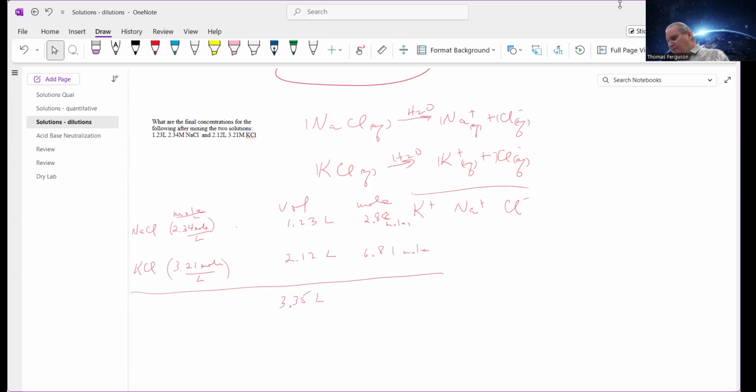Okay, so if we know the concentration of sodium chloride, we also know the concentration of sodium and chloride. We also know the moles of each. So let's look at potassium, sodium, and chloride. Okay, the potassium moles are going to be 681.